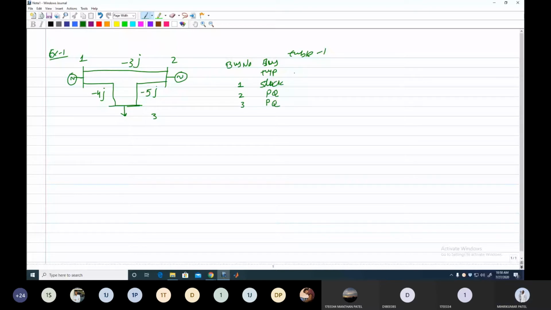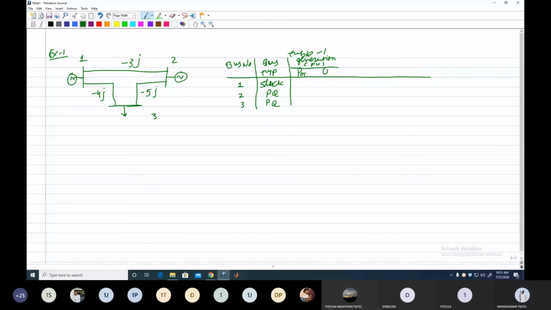As we are calculating case 1, where PV buses are absent, generation is given in per unit, PG and QG.